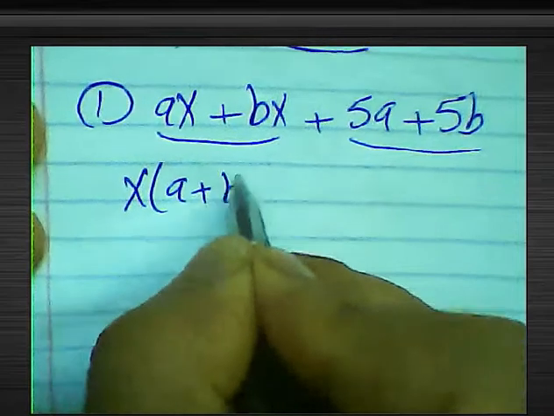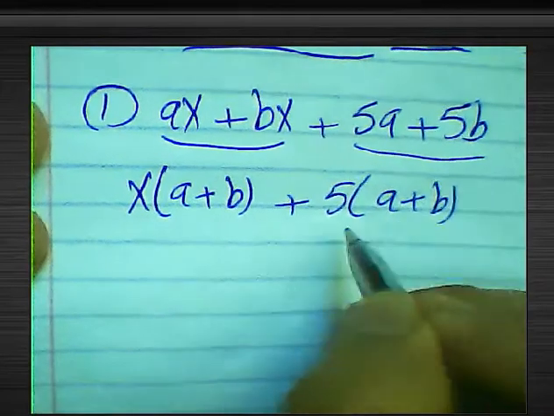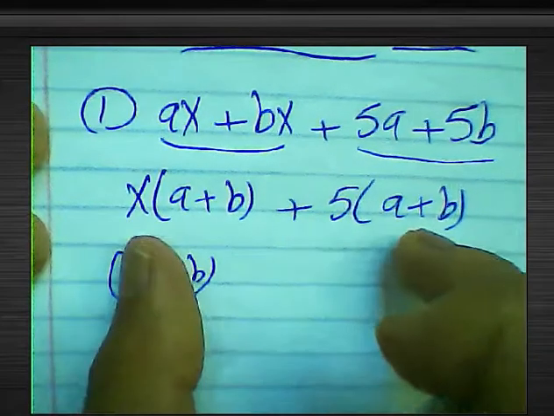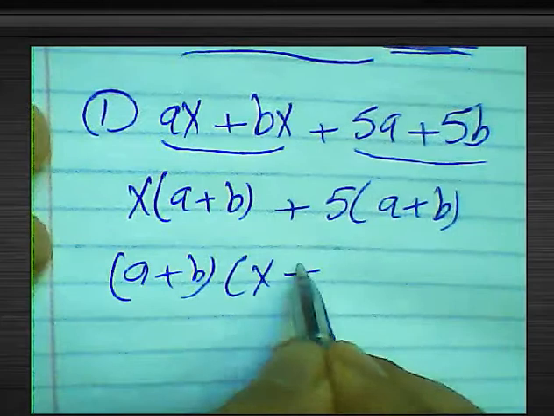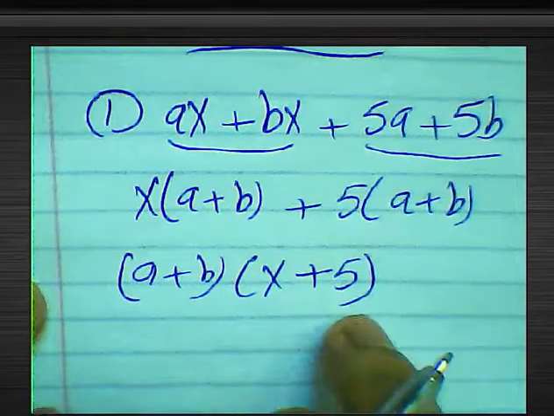The result will be a plus b, plus you can write 5 outside. The result will be a plus b, and a plus b was repeated about two terms. The result will be x plus 5. The result will be a plus b multiply x plus 5.